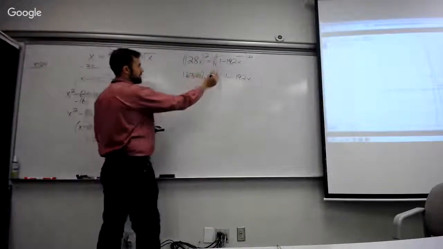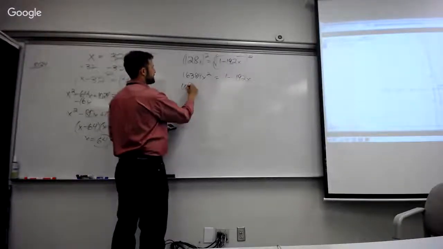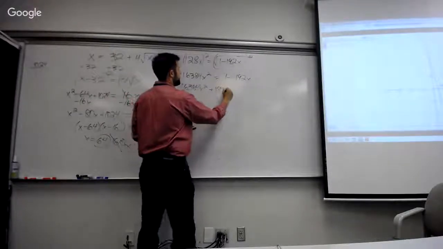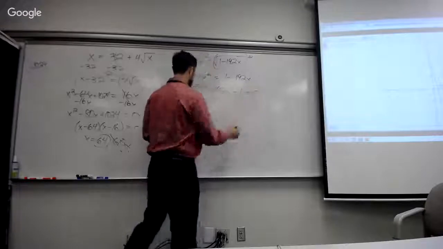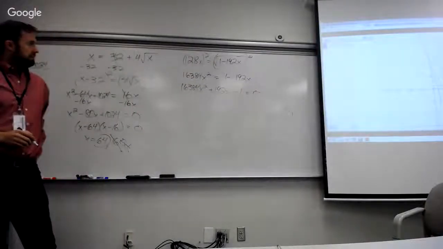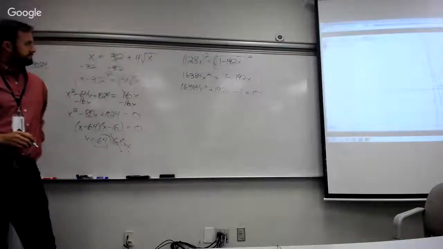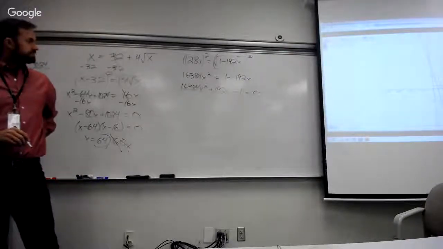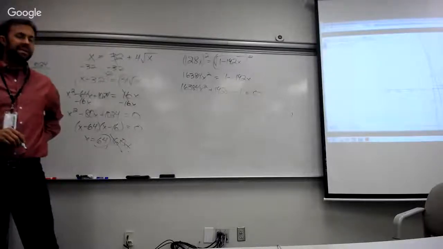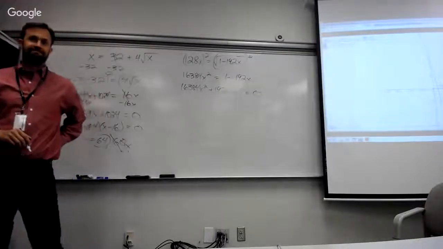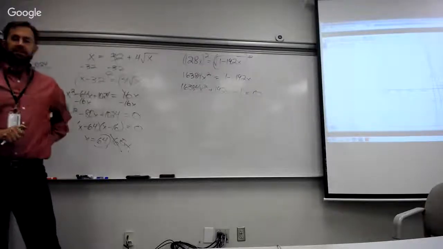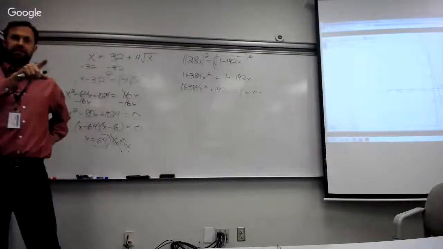And if we bring everything over to the left, 16384x squared plus 192x minus 1. Did I do that correctly? Moving everything to the left?